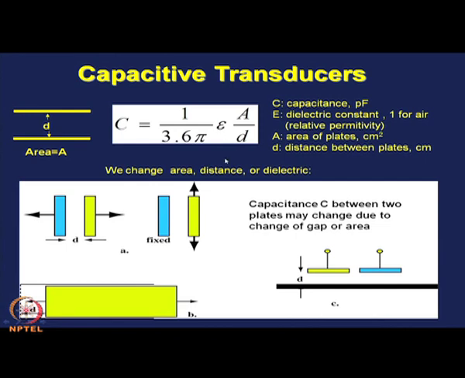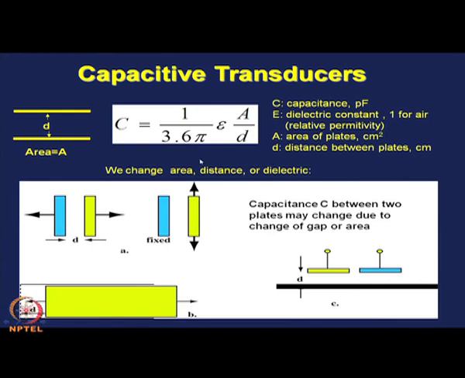So, if we take two plates which are separated by distance d and have area A, the capacitance in picofarad will be 1 by 3.6 pi into epsilon, which is the dielectric constant, into A by d, where A is the area of plates in centimeter square, and d is the distance between plates in centimeter.